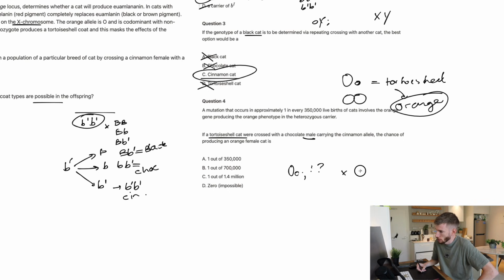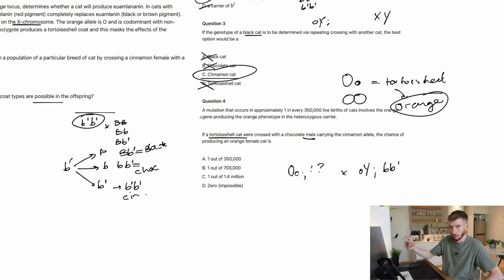So they don't have any orange, so they would be lowercase o, and then a Y chromosome not contributing, and we're told that they're chocolate, so they've got lowercase b, but they're carrying cinnamon, so that was B-l. And then it says, what's the chance of producing an orange female cat? So clearly this is involving the mutation, otherwise why mention it?